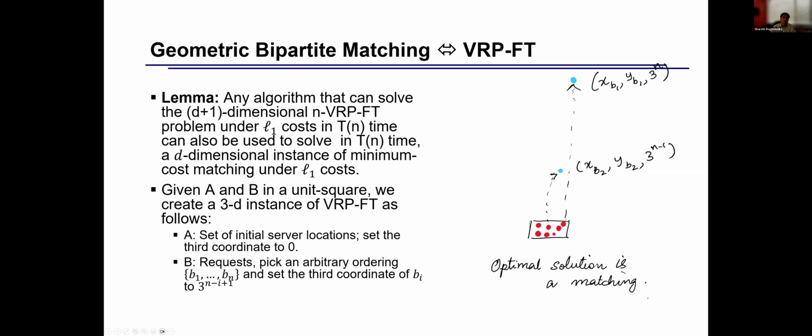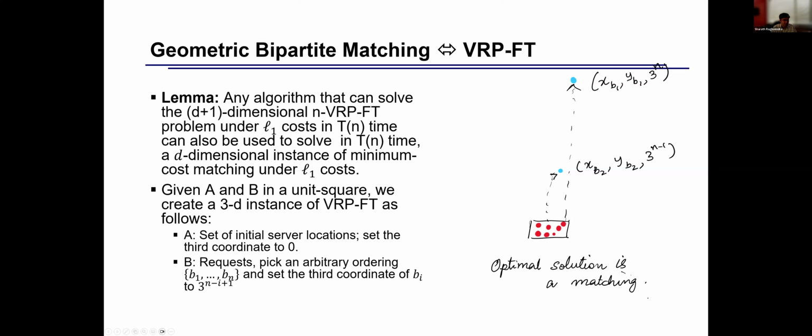So now what happens is, some server has to process the first request. Whichever server processes the first request has no incentive to move to the second request and serve that too. The reason is the distance between the first request and the second request is 2 times 3 to the n minus 1, whereas all the servers in the start configuration are at a distance of 3 to the n minus 1.